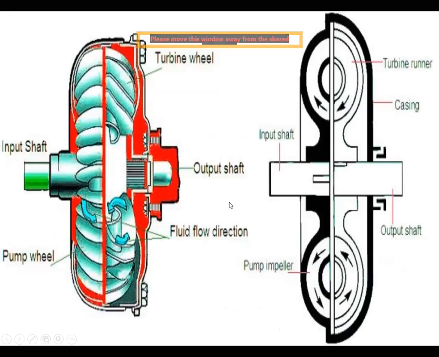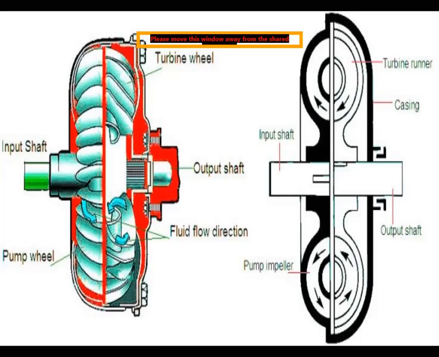Next, you can see here how this works. The pump wheel is connected to the input shaft, which is directly connected to the engine shaft through the flywheel, and the turbine wheel is directly connected to the transmission shaft.